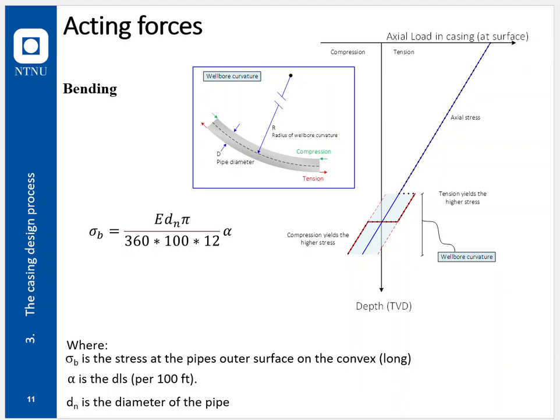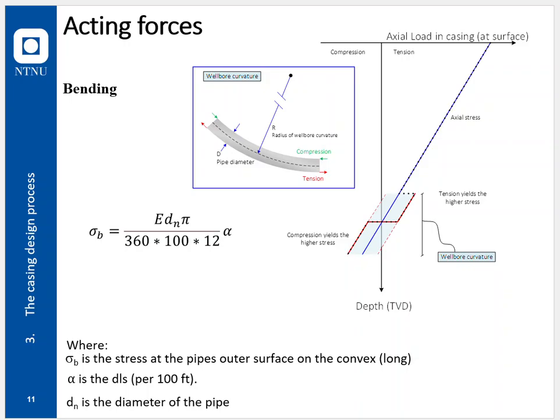We see the center line will actually not be affected by the curve, whereas the outer part of the pipe will see tension, as indicated by the red arrows. And then in green, we'll see that the inner part of the curvature will see compression. And that is what is reflected to the right.